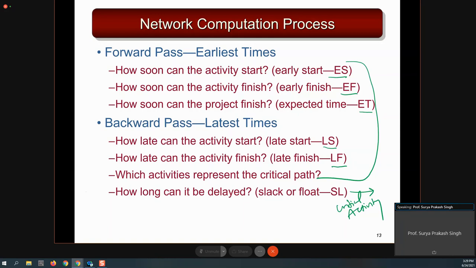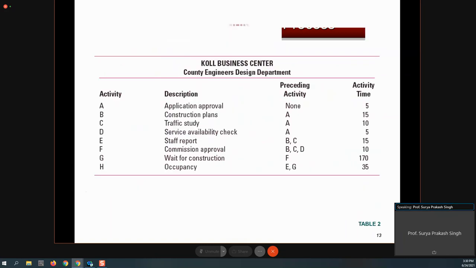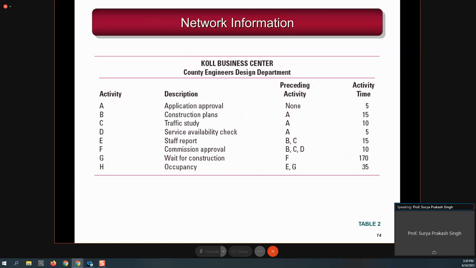So when we say forward pass, it will give you the earliest time; when we say backward pass, it will give you the latest time. Once you have both, you can calculate the slack or float, which informs you of the critical activity.